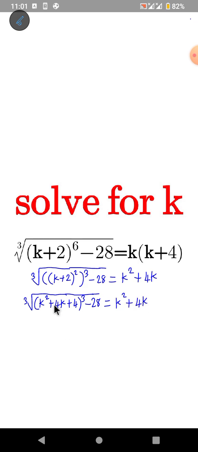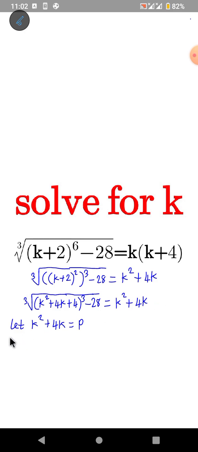Then we'll continue again now. Since we have k square plus 4k here, and we also have k square plus 4k here, I can just say that let k square plus 4k be equal to p. Now this whole equation will be like this.